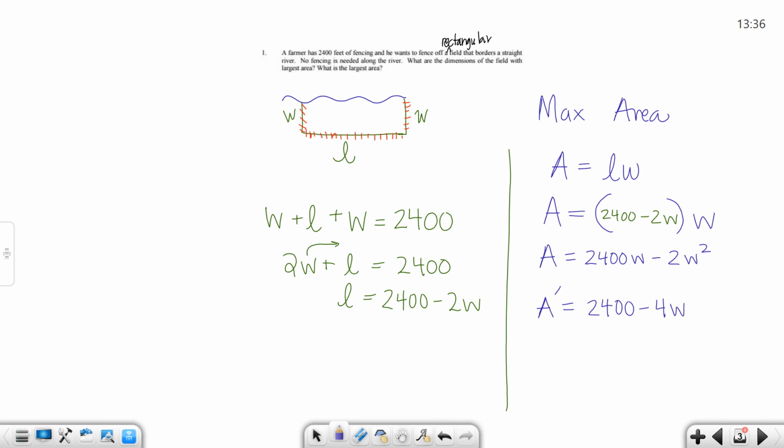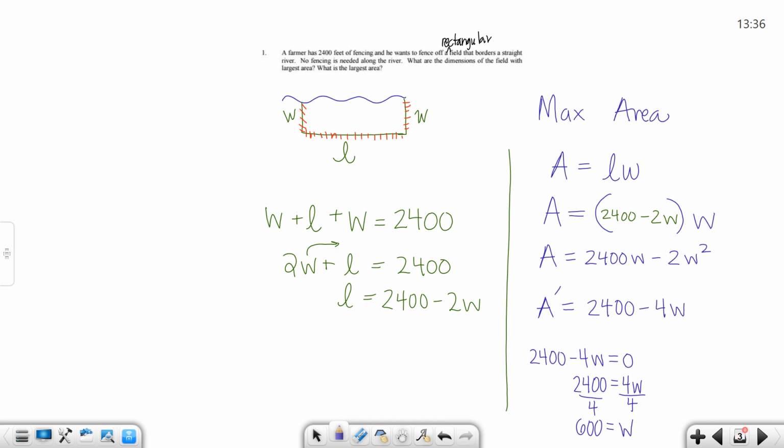We're going to set 2,400 minus 4W equal to 0 and solve it out. Move the 4W over, 2,400 would equal 4W. Divide both sides by 4, and 600 would equal W.